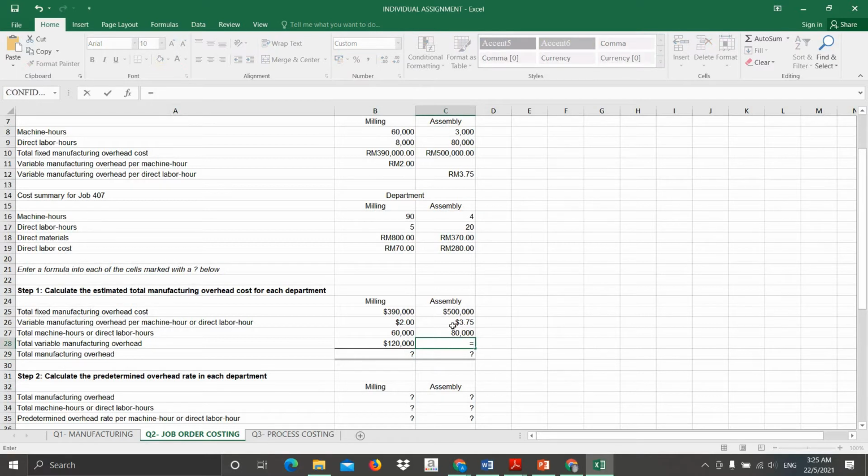For assembly department, the variable manufacturing overhead per direct labor hour times total direct labor hours. So for total manufacturing overhead, we need to add total fixed manufacturing overhead cost with the total variable manufacturing overhead cost for both departments.